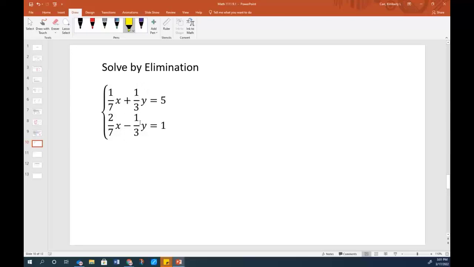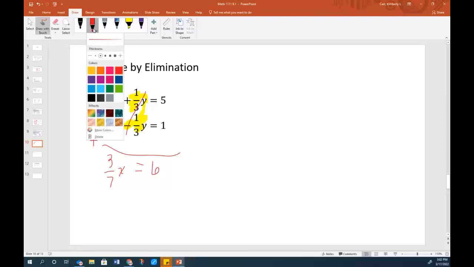So choosing to solve this by elimination is perfect, because if I choose the y's to get rid of, I've already done step 1 and step 2, really, because they're already opposites. So I can just draw my line and add, and I will get 3/7 x, the y's cancel, equals 6.